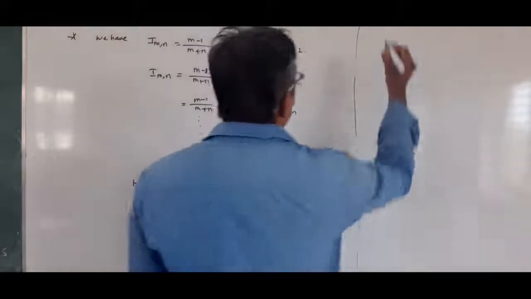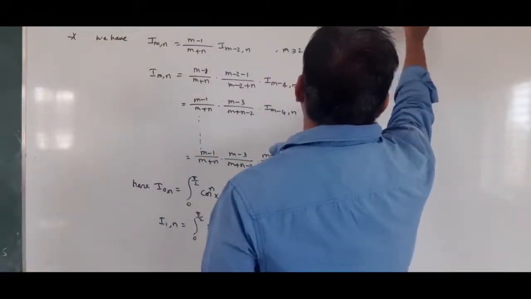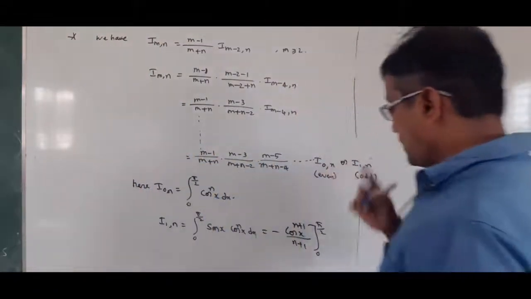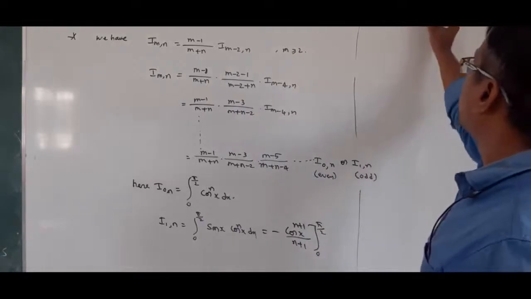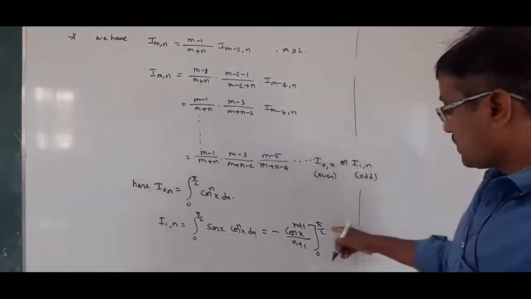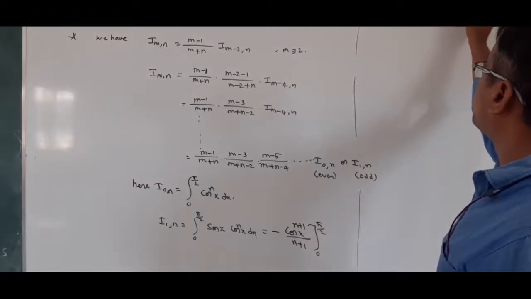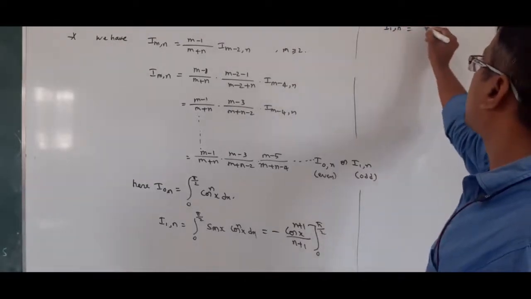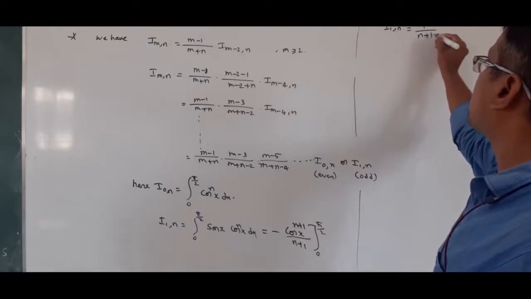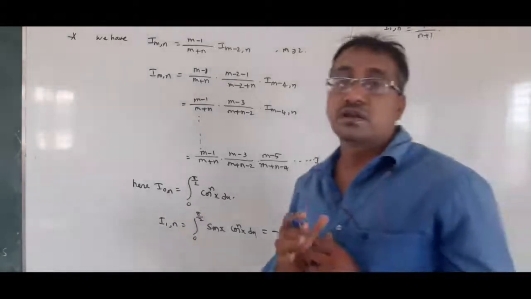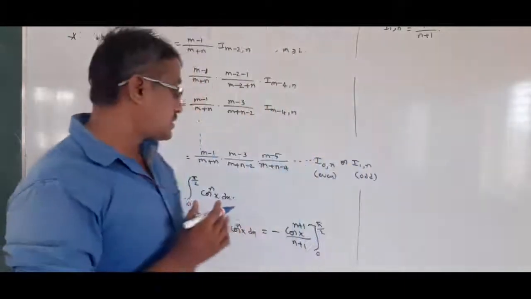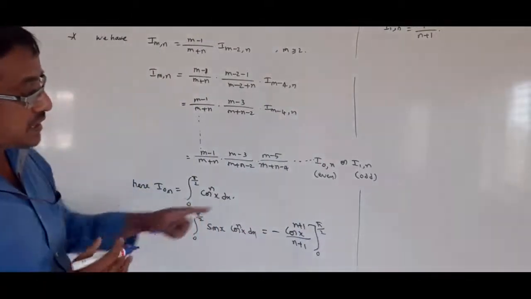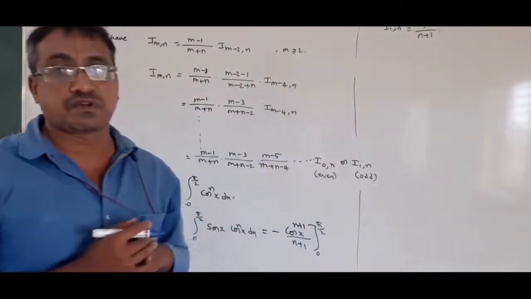And so I(1,n) is equal to minus 1 by n+1 into, now if you apply the upper limit it will be 0, for the lower limit it will be 1. So I(1,n) is 1 by n+1. So you need to stop the reduction at 1 by n+1.